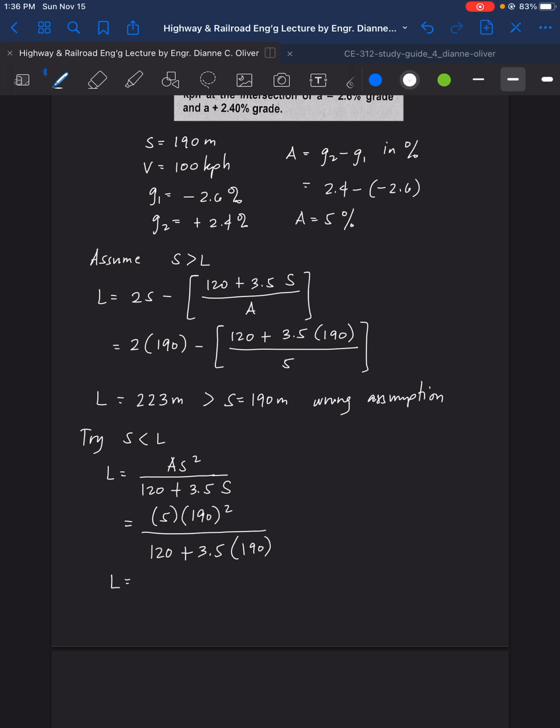So L is now equal to 229.94 meters, and this is greater than S of 190 meters. So okay, correct assumption. That is the value for L.